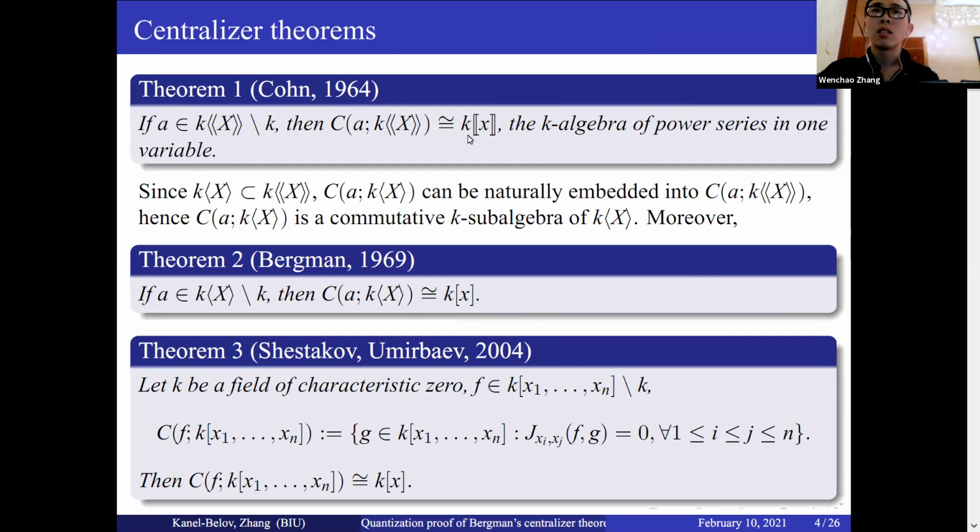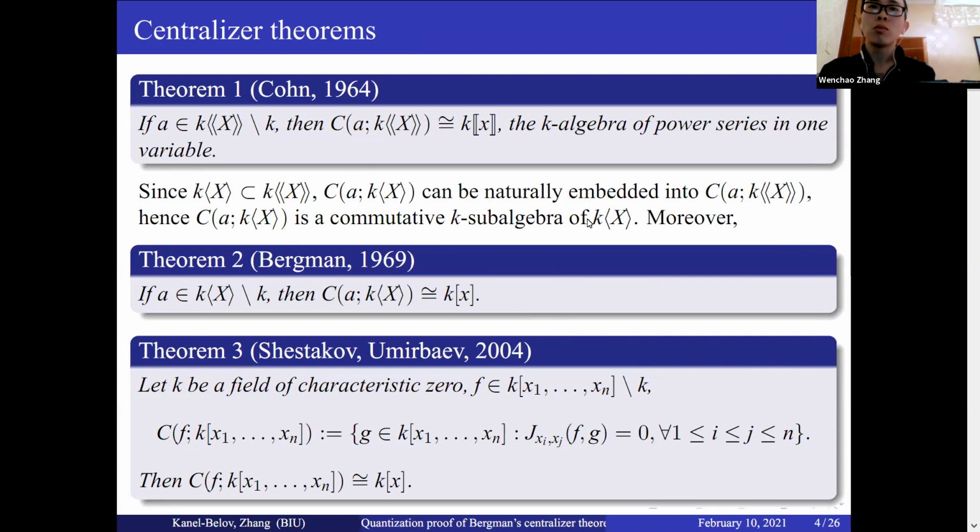So the centralizer is a commutative subalgebra of this K algebra. Since we already know that the free associative algebra is a subalgebra of the K algebra of power series, its centralizer can also be naturally embedded into the centralizer in the power series algebra. So this centralizer is a commutative K subalgebra of K angle X.